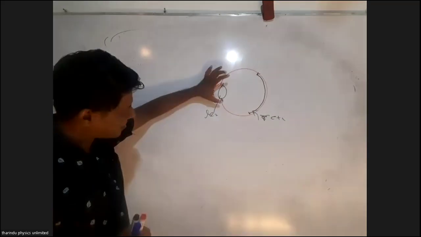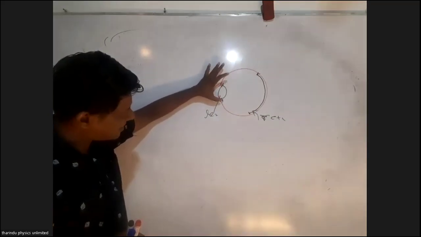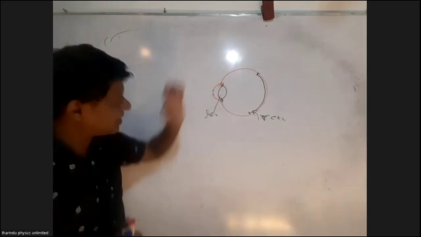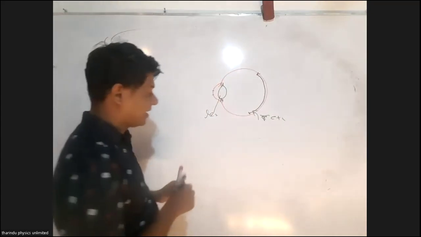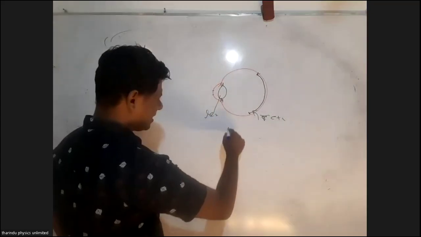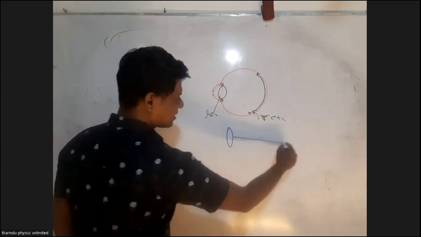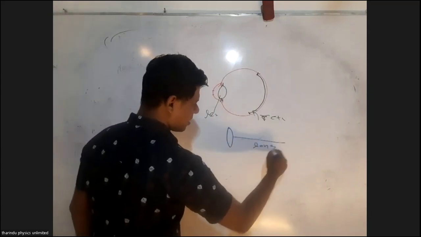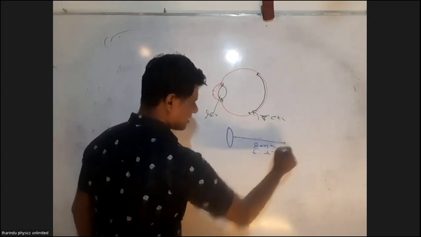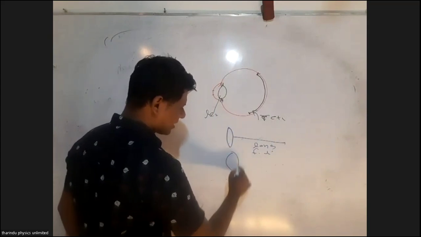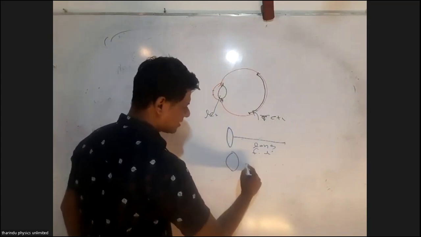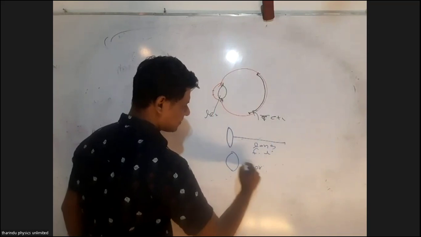These muscles can contract and relax and change the focal length of the lens. So we know when the lens is very thin, the focal length is long. When it is thick, the focal length is short.